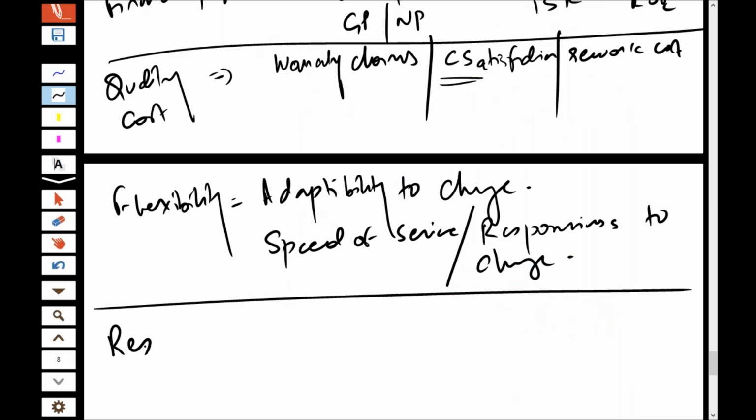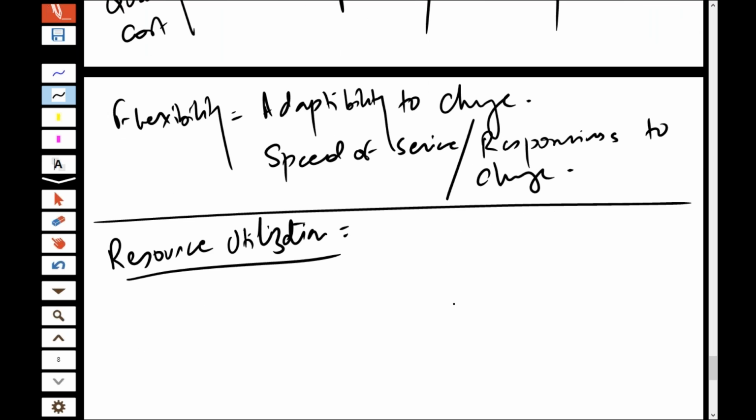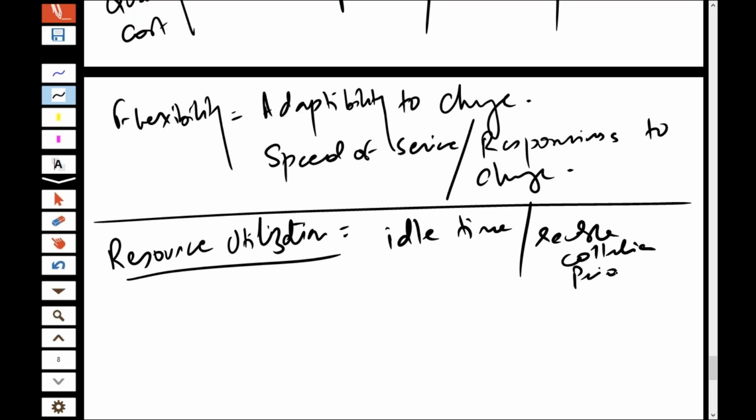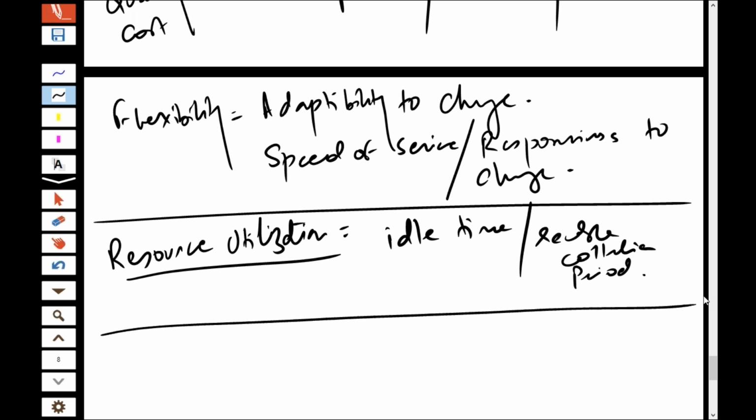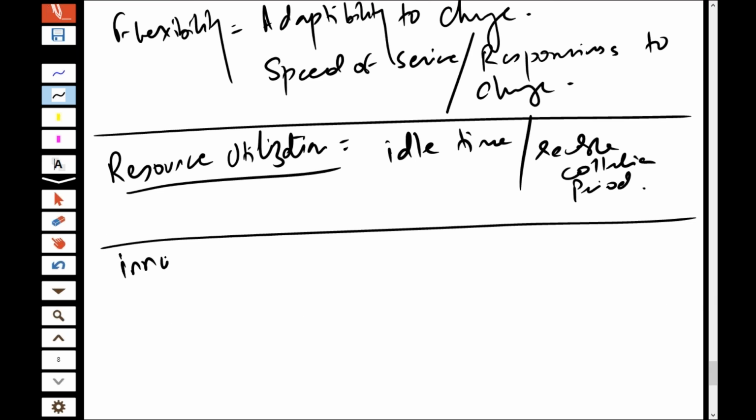Then there is something which is termed as resource utilization. Resource utilization is basically how you utilize the resource. It could be the idle time, it could be the various other ratios that we have specifically used, like receivable collection period and so on. And lastly, there is innovation.